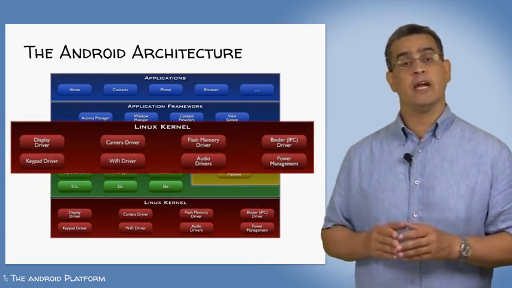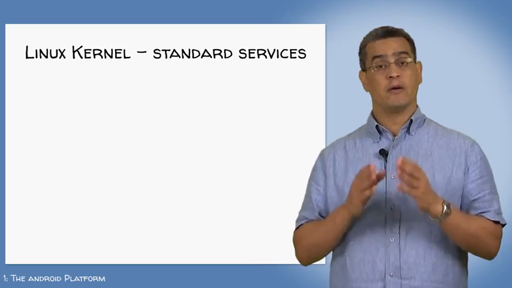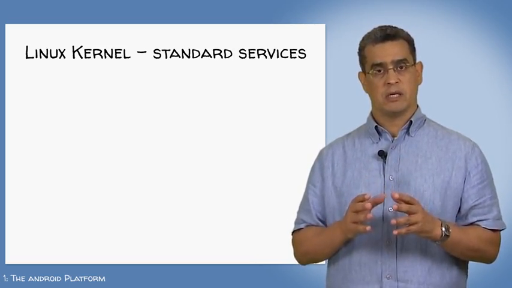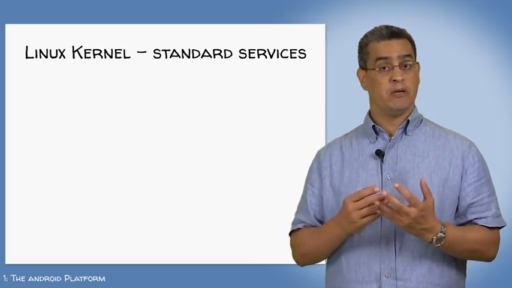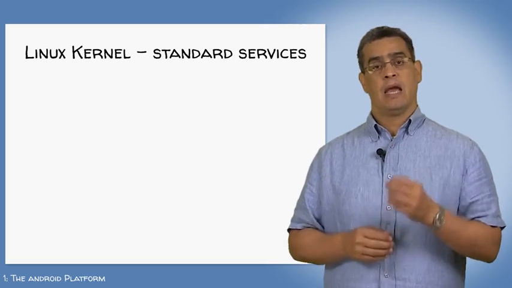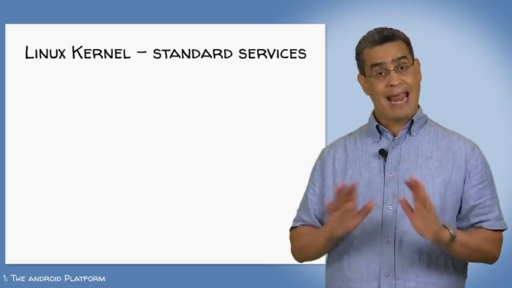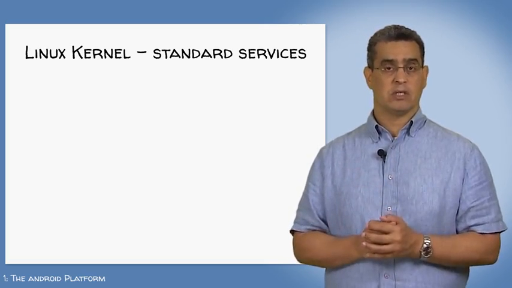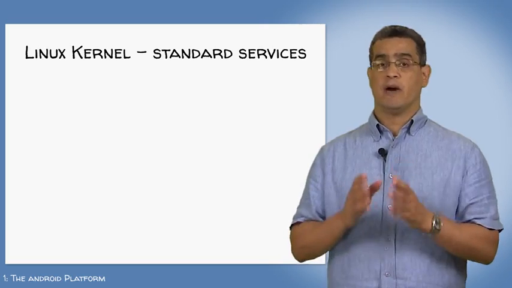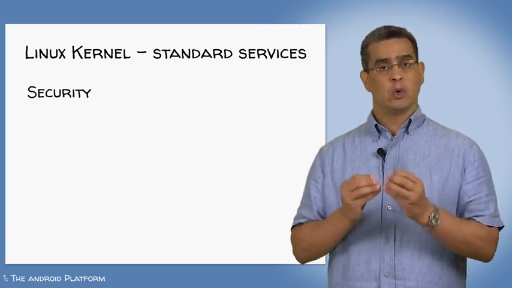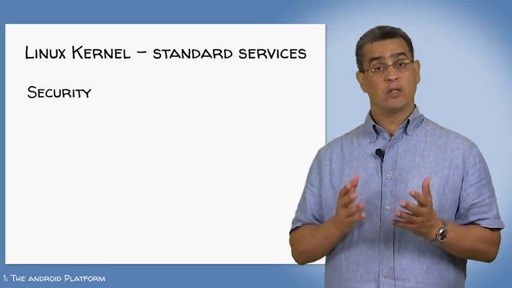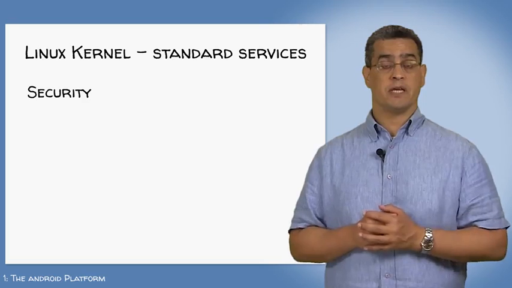The Linux kernel layer is the lowest layer of software in the Android platform. This layer provides the core services that any Android computing device will rely on. Android's Linux kernel, just like any Linux kernel, provides generic operating system services. For example, it provides a permissions architecture so that you can restrict access to data and resources to only those processes that have the proper authorizations.